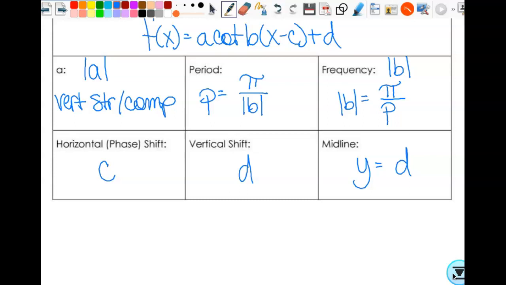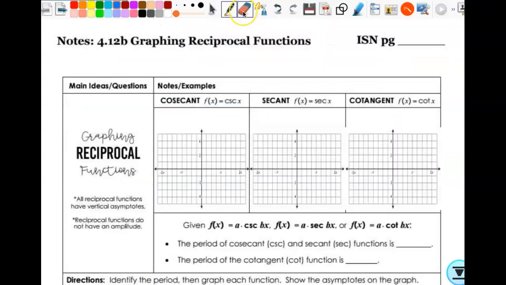All right, good question. All right, grab your other sheet of paper. We are not going to fill in these top 3 graphs because basically that's what we just did, so we're not going to spend time doing that again, but I do want to talk about some of this stuff. All reciprocal functions have vertical asymptotes, all 3 of them, okay? And reciprocal functions do not have amplitude, right?